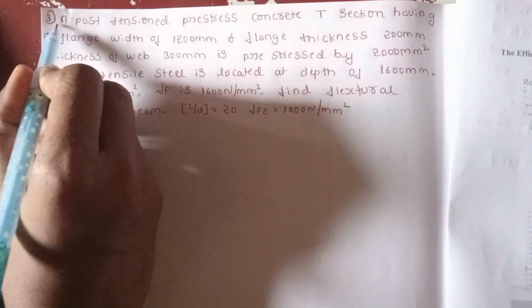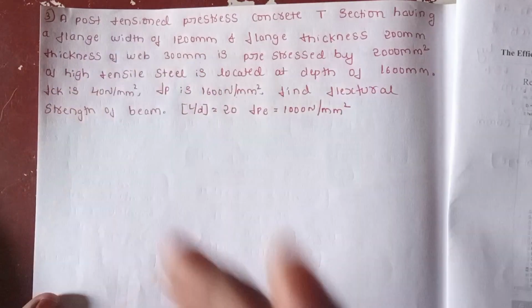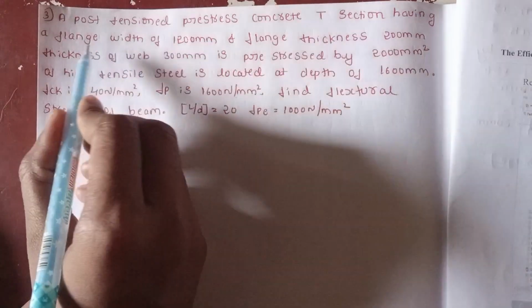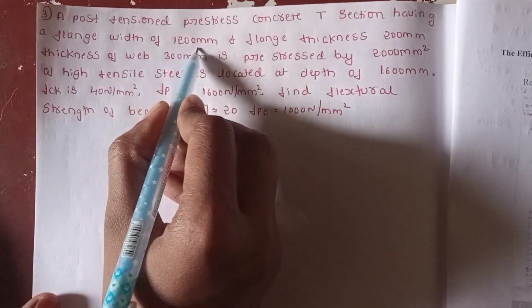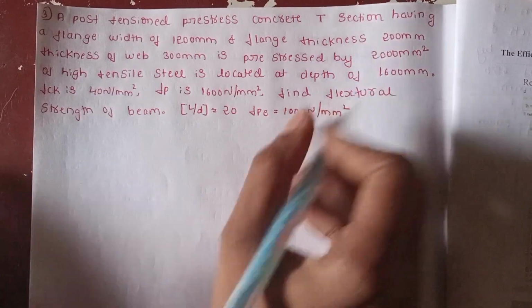This is problem number 3. A post tensioned pre-stressed concrete T section having flange width of 1200 mm and flange thickness is 200 mm.